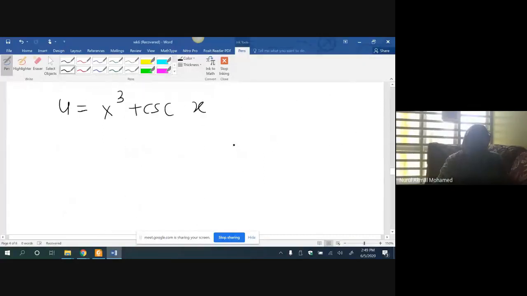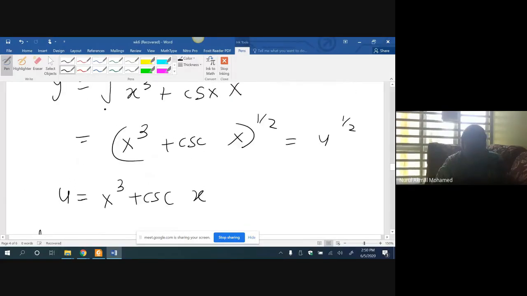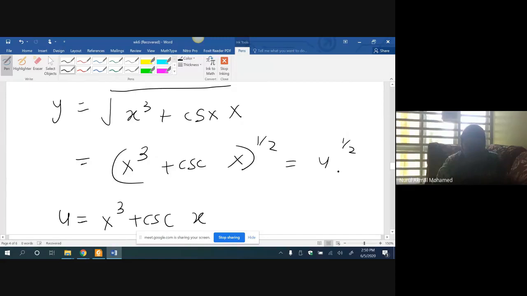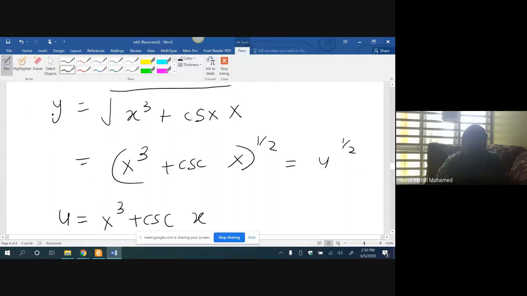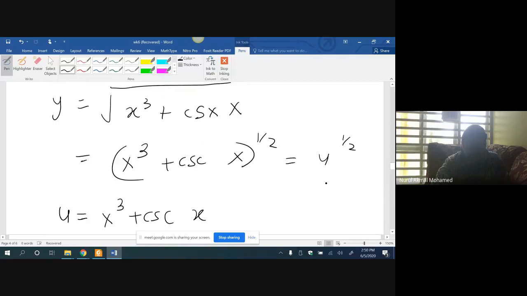And then dy/dx is equal to dy/du multiplied by du/dx. So now what will be the dy/du? You differentiate y with respect to u by using our rules.